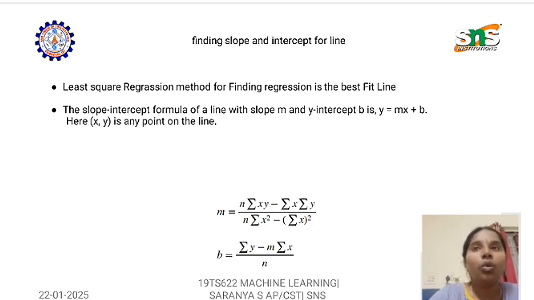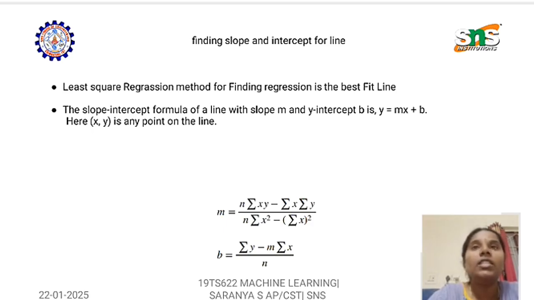Here the assumptions of simple linear regression are linearity, independence and homoscedasticity. Linearity means the independent and dependent variable have a linear relationship with one another.